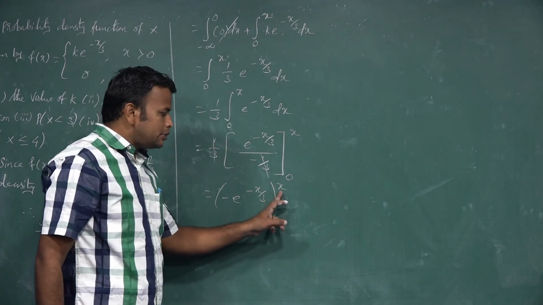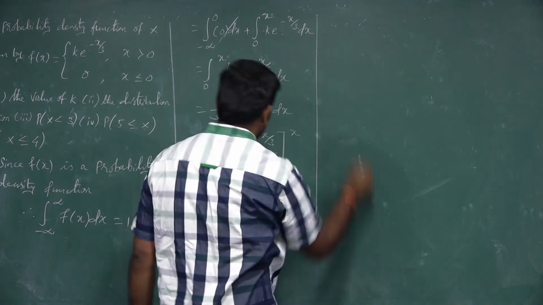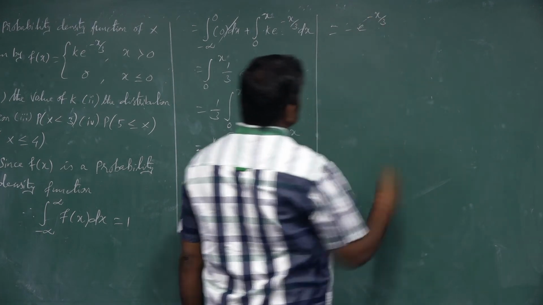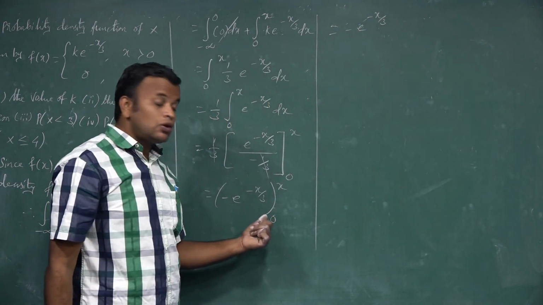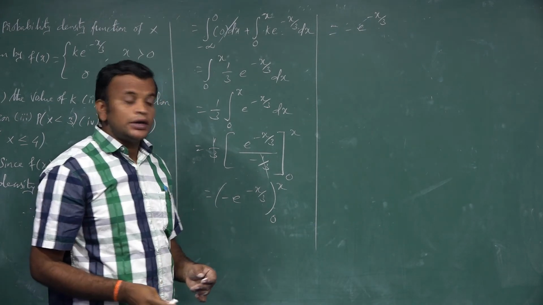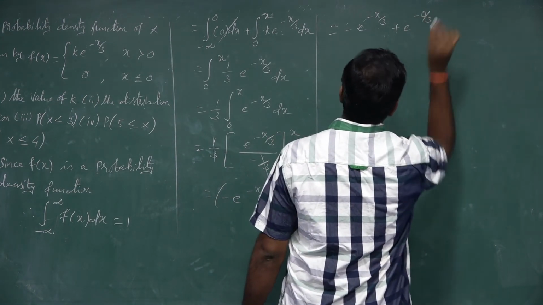First we apply the upper limit, x. The upper limit value is minus e power minus x by 3. Next we substitute the lower limit with the minus sign. Already one minus sign is there, so minus into minus is plus e power minus 0 by 3.